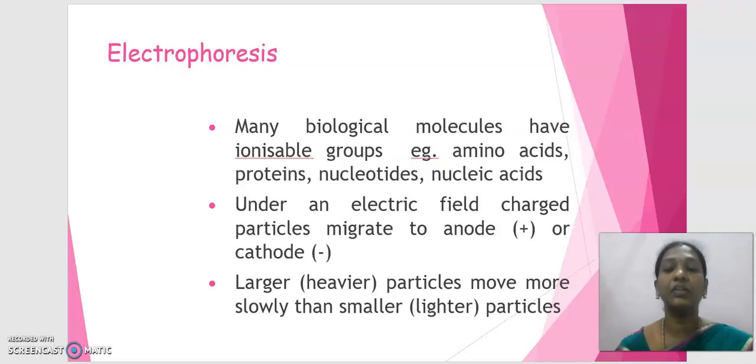For example, positively charged substances will move towards the cathode and negatively charged substances towards the anode. The larger, heavier particles move more slowly than the smaller, lighter particles. For example, with nucleic acids, the smaller and lighter fragments will move faster than the heavier ones.